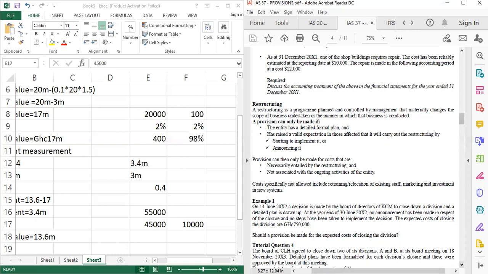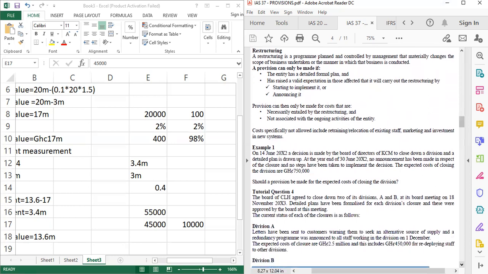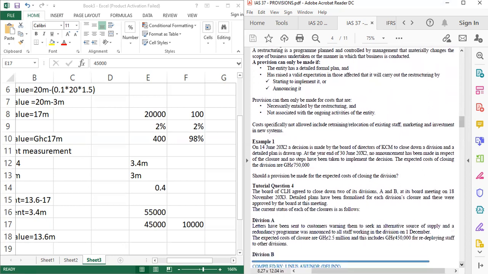Let's come to question 4 first. The board of CLH agreed to close down 2 of its divisions, A and B, at its board meeting on 18 November 2x3. Detailed plans have been formalized for each division's closure, and these were approved by the board at this meeting. The current status of each closure is as follows.